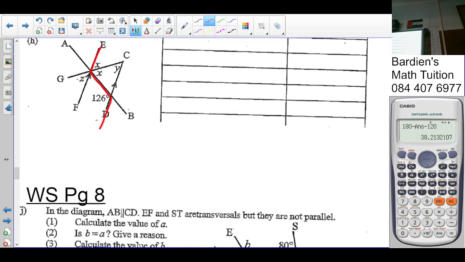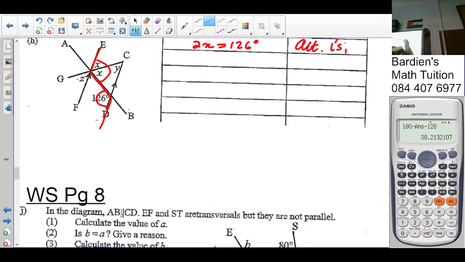So what do you notice? It's actually double that x angle, or 2x. Can you see that, Michael? So what do I say? X plus x, or 2x, is equal to 126. Why? It's alternate and not alternative.